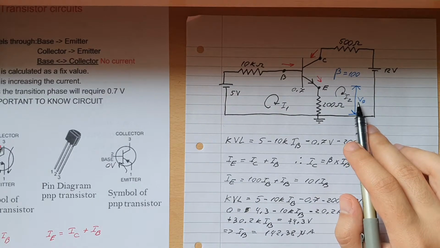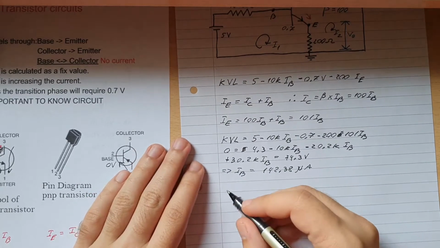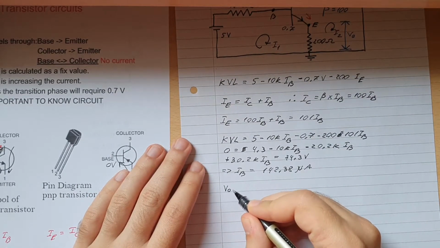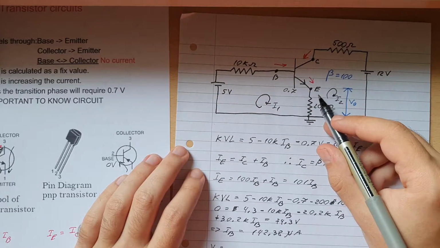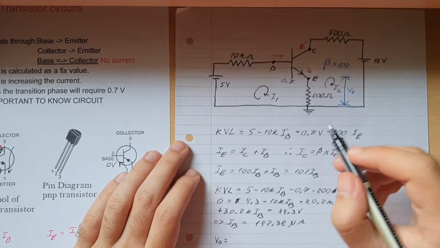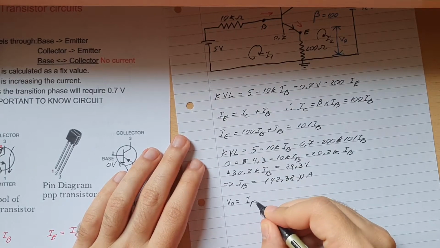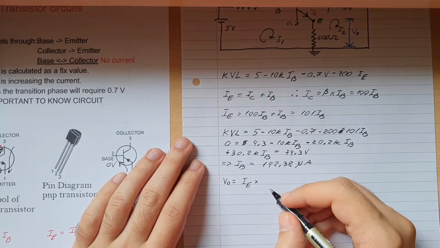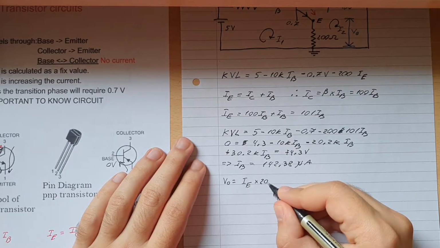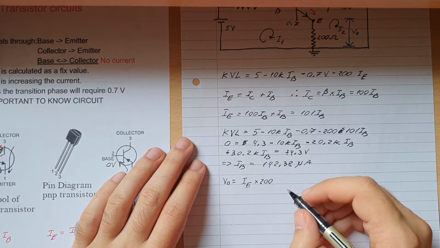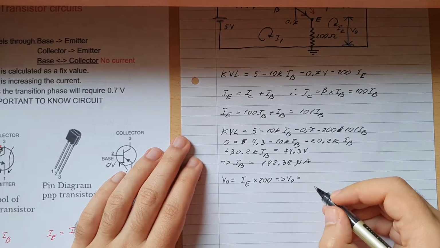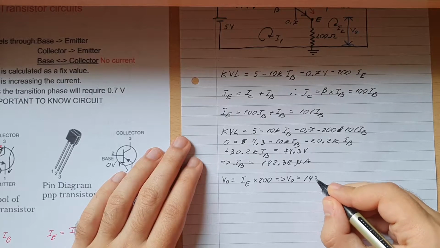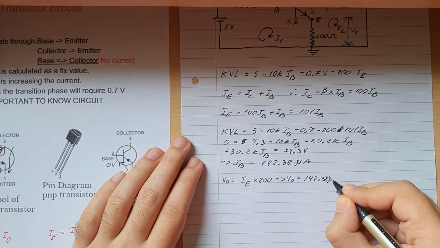So the voltage output, V out, will simply be the current IE multiplied by 200 ohms. So it's just IE times 200, and then therefore V out will be equal to 142.38 microamps.